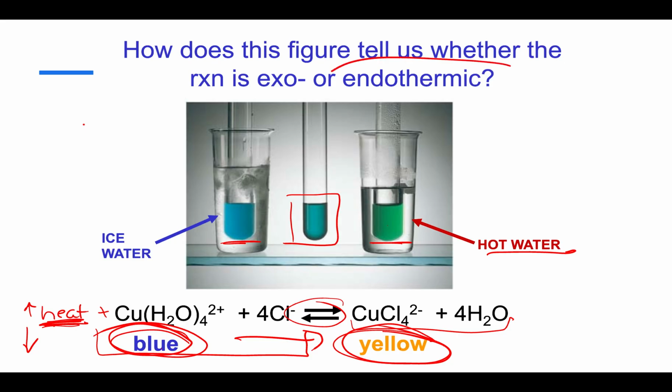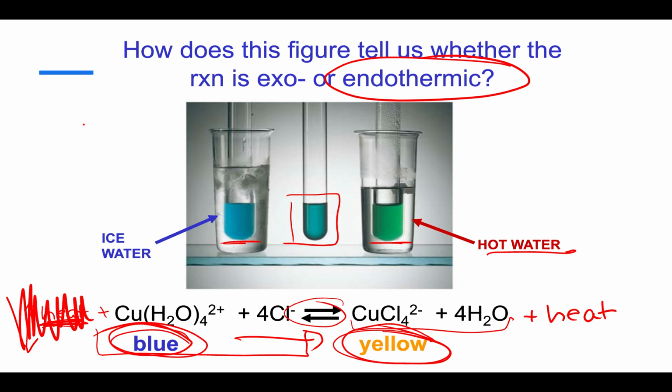So this is definitely endothermic, but you can just double check that with if it was exo. So if I didn't believe it was endo and I put my heat on the product side and then asked myself the same questions, if I was to add in heat, I would shift to the left. I would shift away. So I should see more blue.